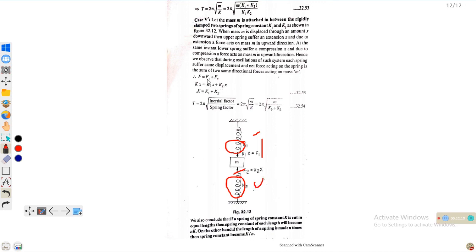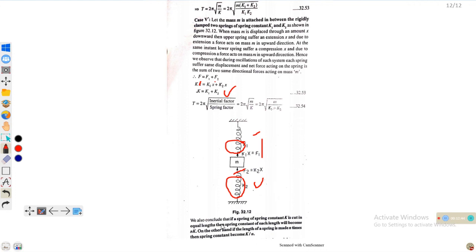So F will be equal to F1 plus F2. F is equal to k into x, which is the net displacement, k1 into x plus k2 into x. So we can cancel the x terms on both sides of the equation. So k will be equal to k1 plus k2, which is the case for parallel. So this configuration is a parallel system.